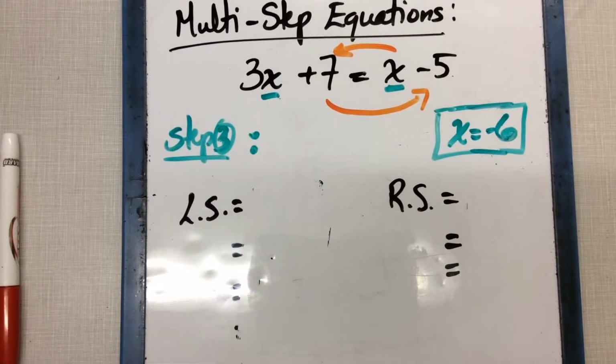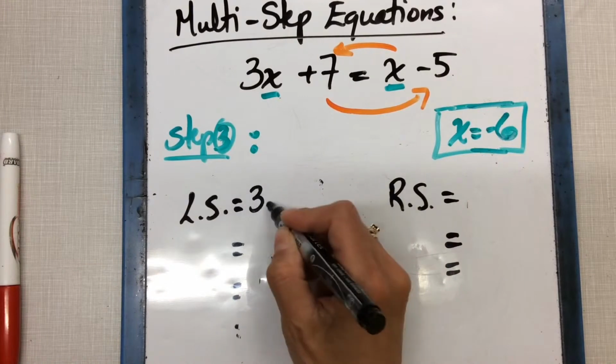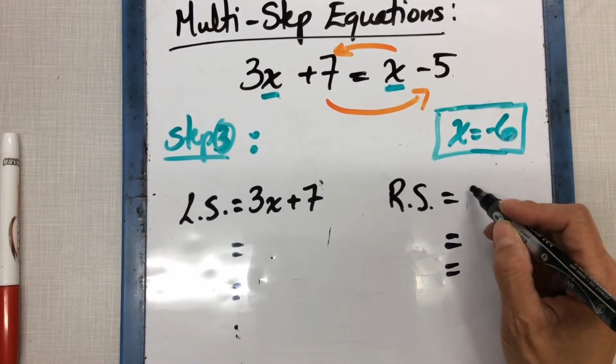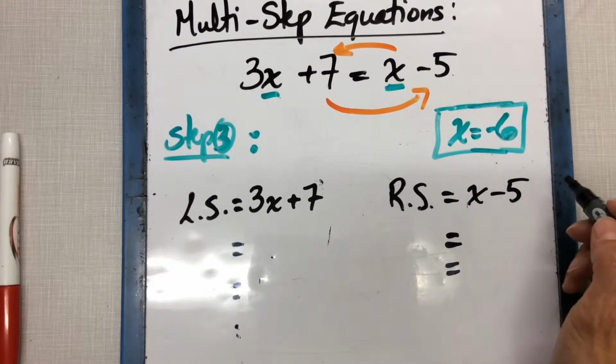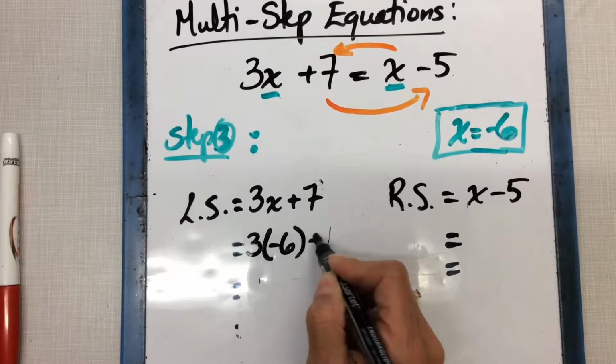So we have x is equal to negative 6, and what we're going to do is plug it into our equation here, the left side, and then the right side is x minus 5. In this case, we have 2 places where we're going to replace the x by negative 6.